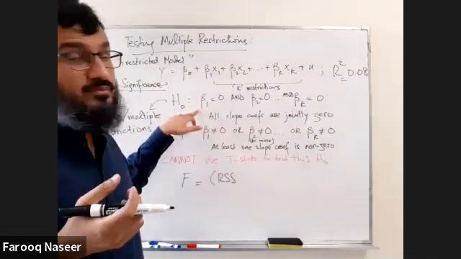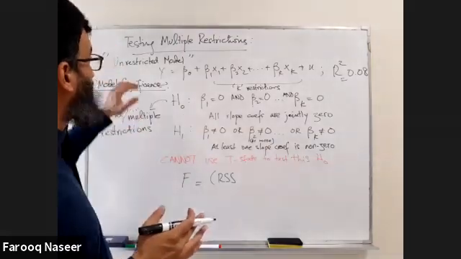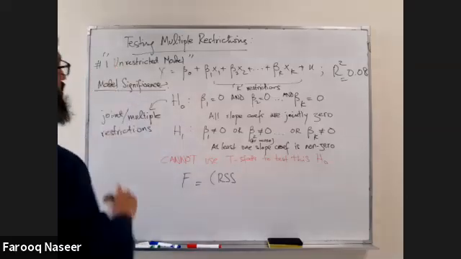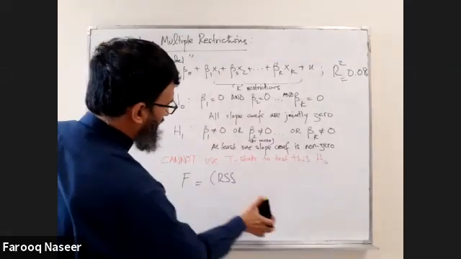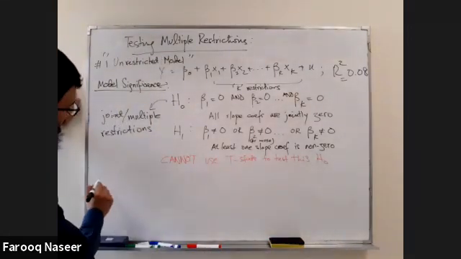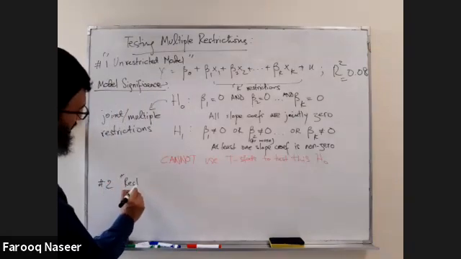So that's going to be my second regression that I estimate. So this is model number 1, unrestricted model. Actually, let me write the regressions first. Then I'm going to run another regression, which we call the restricted model.